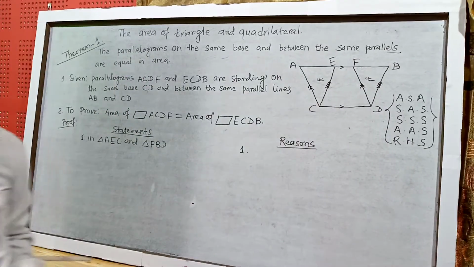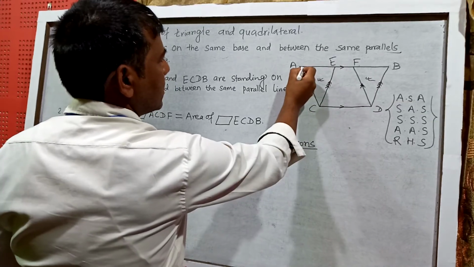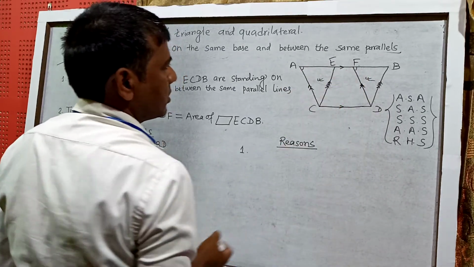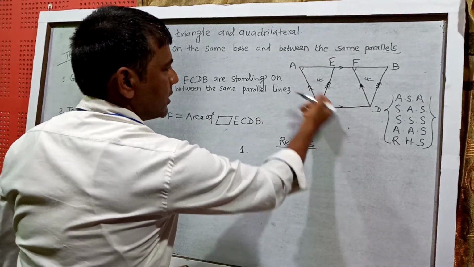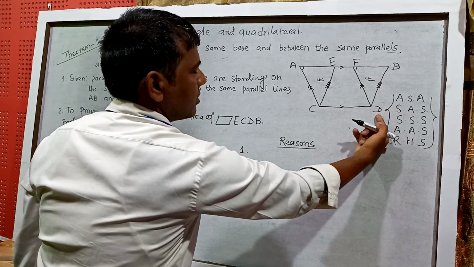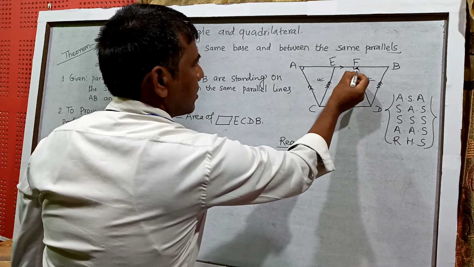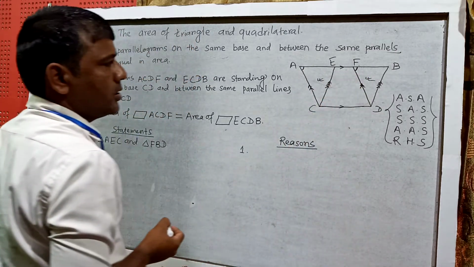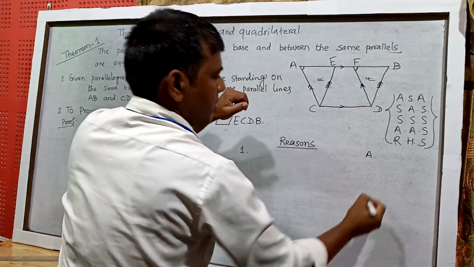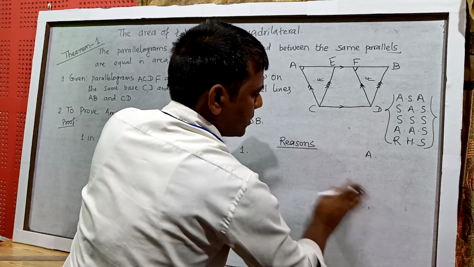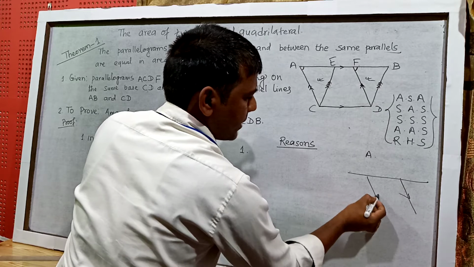Let's try. At first I think this angle equals this angle. They are equal because they are corresponding angles. AC and FD are parallel, and this is the transversal, and these are corresponding angles. So these angles are equal. In these two triangles, our first angle is equal. If we separate the figure, it looks like this. These two lines are parallel.